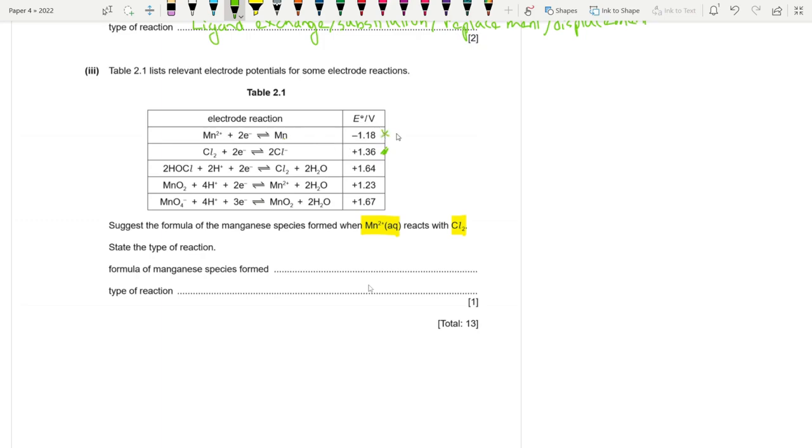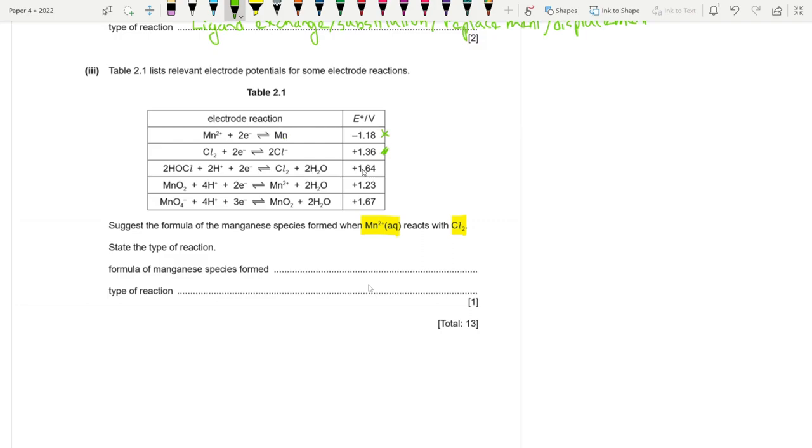So we don't really need this equation, because if Mn2+ is gonna be oxidized, it's gonna go further, because chlorine can't be oxidized, right? Usually it can. Okay, you know that in HOCl chlorine actually has an oxidation number of +1, and it can go to +5 in NaClO3, remember?